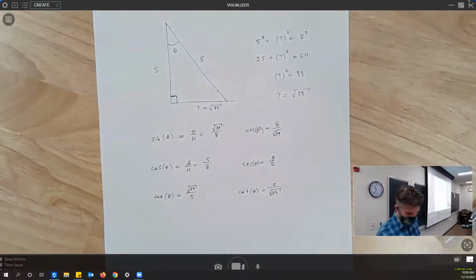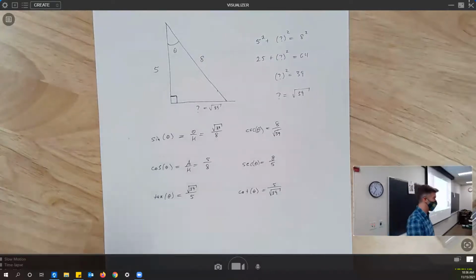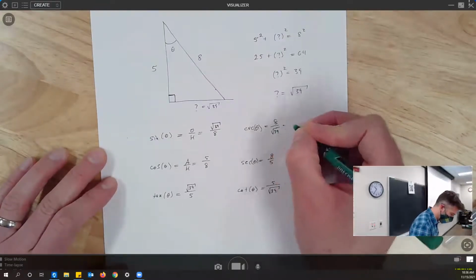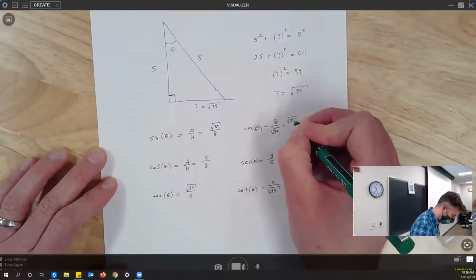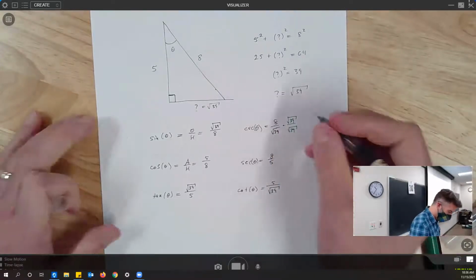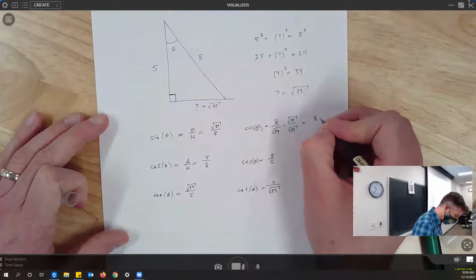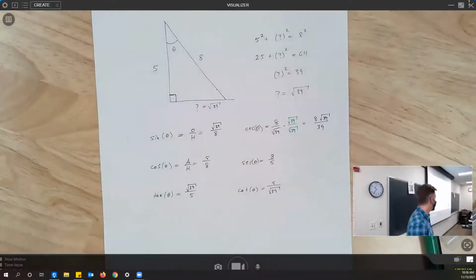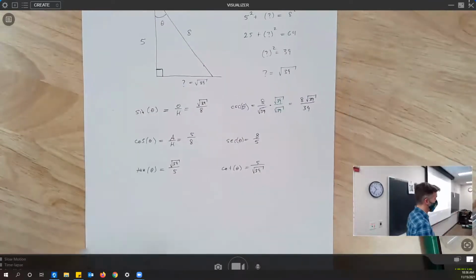And I should say, it's pretty typical that we do rationalize these denominators. So when you have a square root in the denominator, it's usually pretty standard to multiply this by the square root of 39 over the square root of 39 to get 8 root 39 on top divided by just plain old 39 on the bottom. I honestly don't care that much about that, but it is something that people usually do, so I feel like I have to show you that.